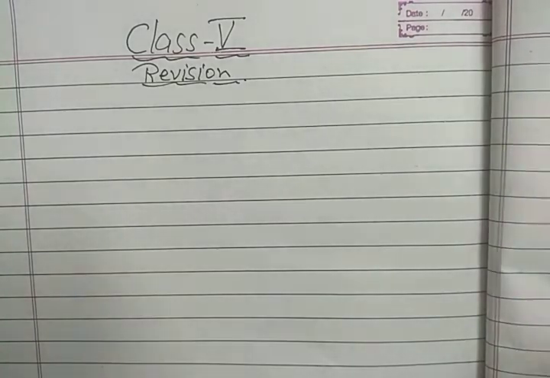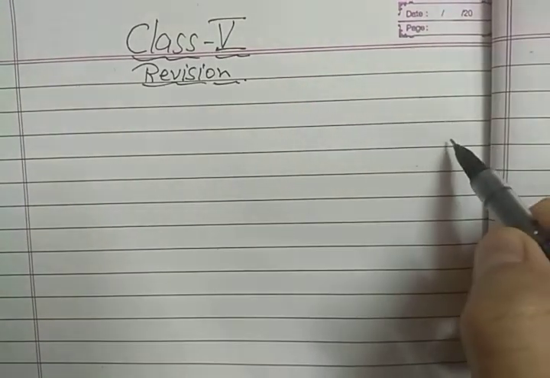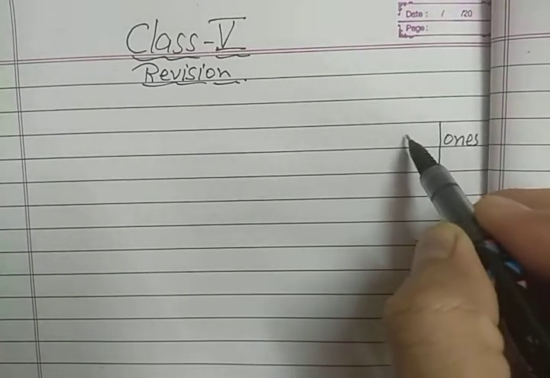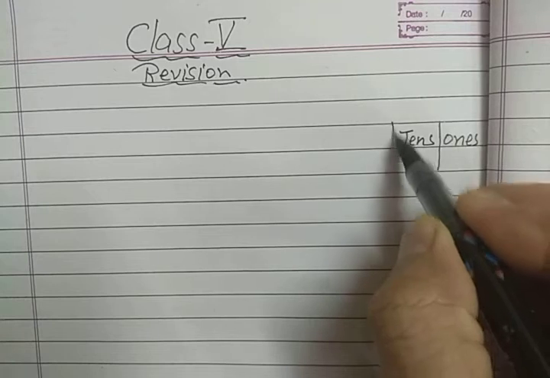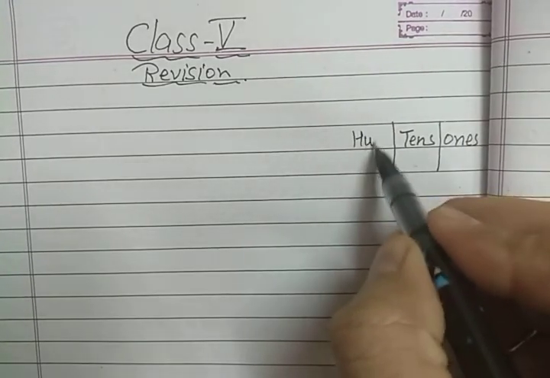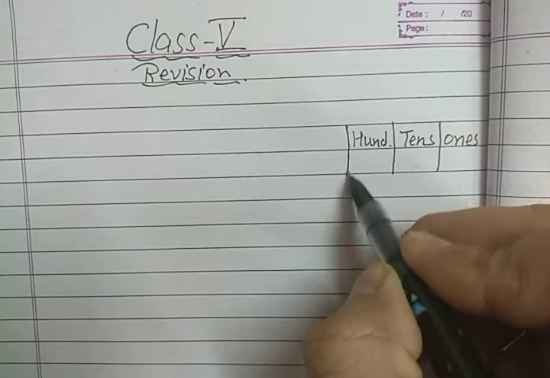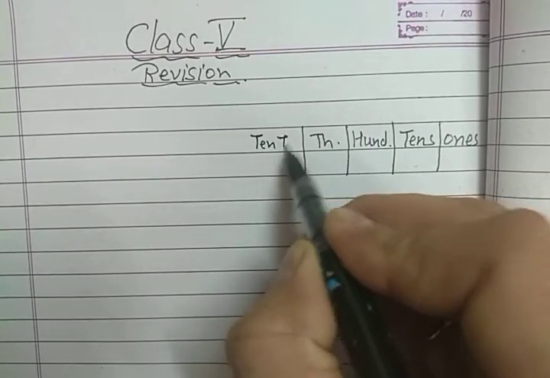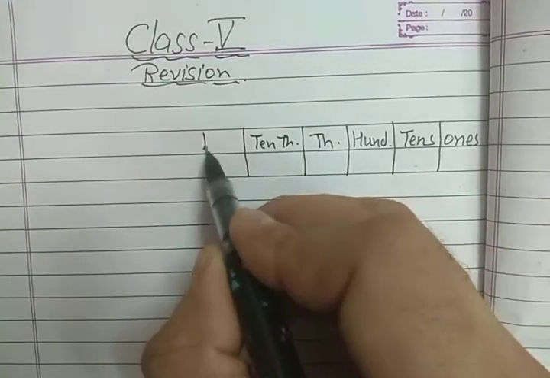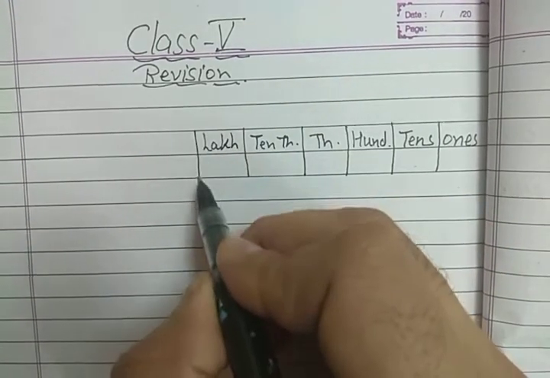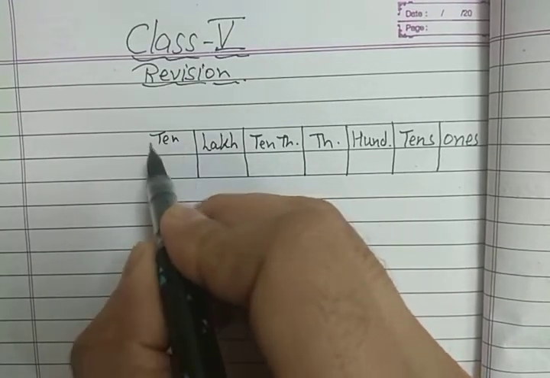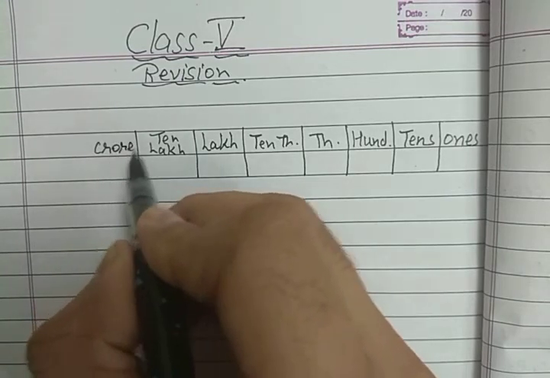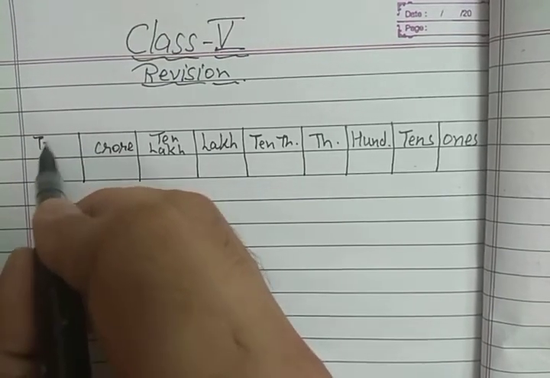So the first place is ones, then tens, then 100, then 1000, 10,000, lakh, 10 lakh, crore, and 10 crore.